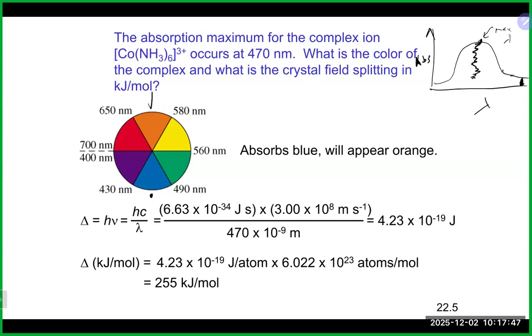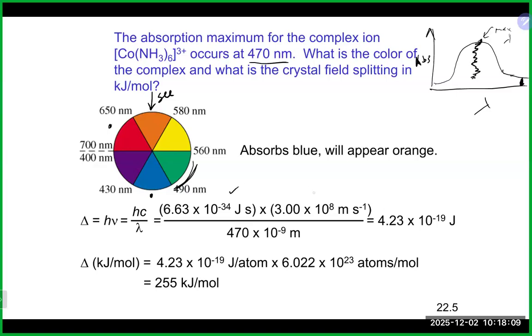That means that we would see the complementary color to blue, which is that our solution will appear orange to us. Just like when you did the iron experiment way back when, you set your wavelength in this area complementary to red's color.